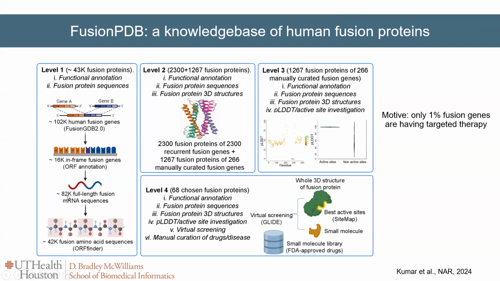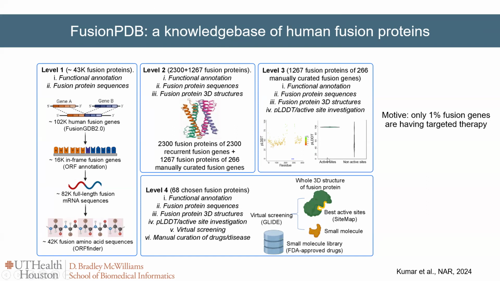Then after running ORF finder, we have about 42,000 fusion amino acid sequences. Among these, for the manually curated ones or recurrent fusion genes, we predicted their fusion protein structures. In total, we predicted 3.5 thousand fusion proteins in this first version of FusionPDB.